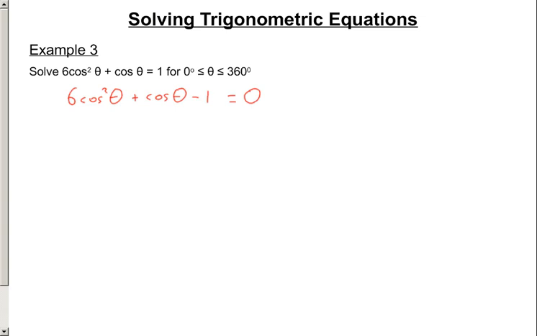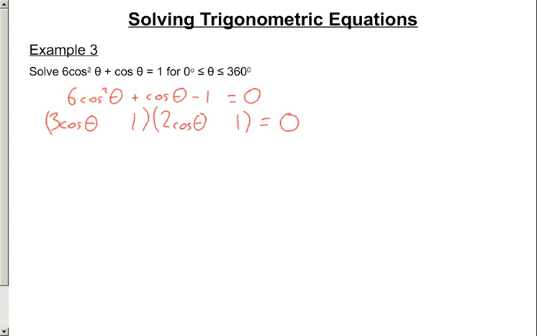And the way we solve quadratic equations is we factorize them into 2 brackets so that we can solve them. So when we factorize this, we get 3 cos theta and 2 cos thetas. They multiply to give us the 6 cos squared thetas. We get minus 1 when we do the other 2 numbers, so these both have to be 1 to give us a 1. And we need a plus and a minus.